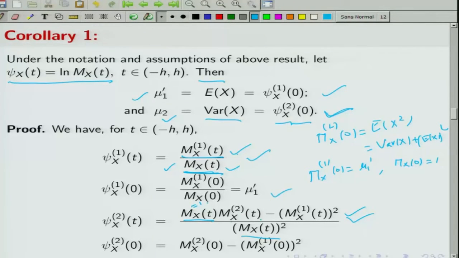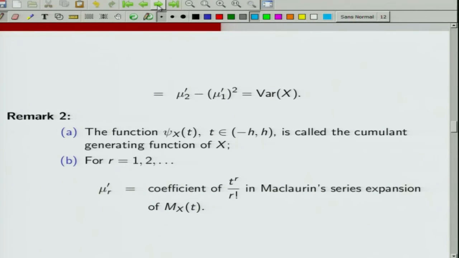Then M_X''(0), which comes over here, minus M_X'(0) whole square, divided by M_X(0) squared, which is 1, so that is why you get just this quantity. And M_X''(0) you know is the expected value of X square. M_X'(0) you know is the expected value of X, so that becomes whole square. And that is what you get over here, which is the same as mu_2 prime minus mu_1 prime whole square, which is nothing but the variance of X.